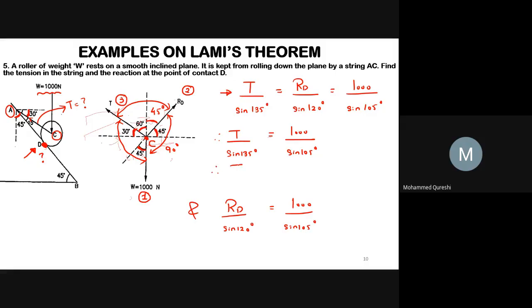So after cross multiplication, you will get the value of T as 1000 into sine 135 upon sine 105. You will get T as 731.88 Newton. This T is nothing but the tension in the string.